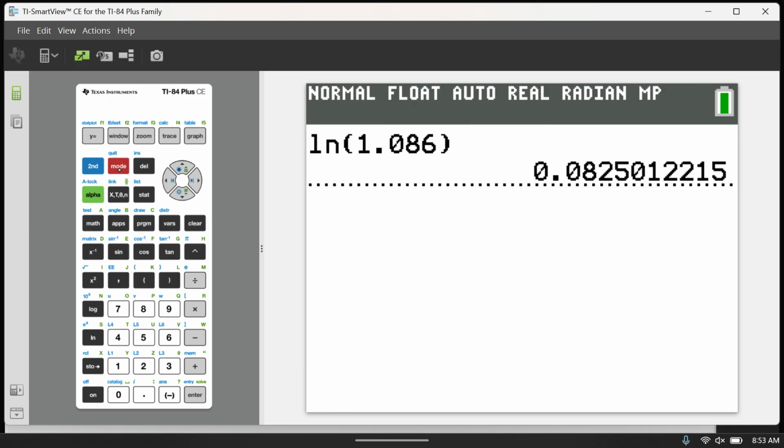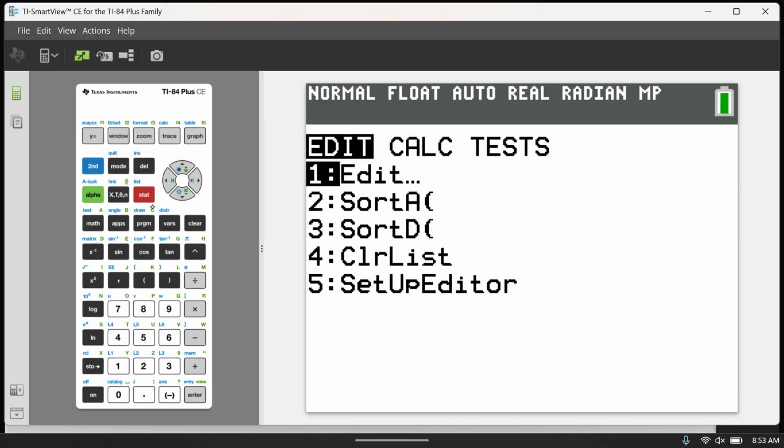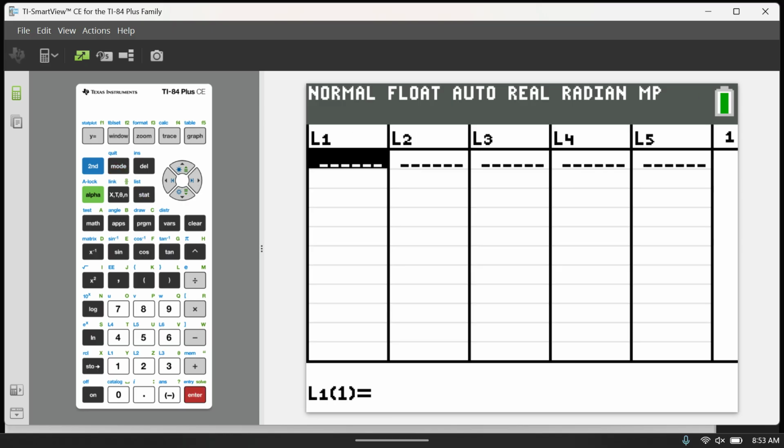So remember, to get to Stat, you're hitting Stat and Enter to get to that Edit, so you get your list to put your data in. Put the atmospheric pressure in the L1.